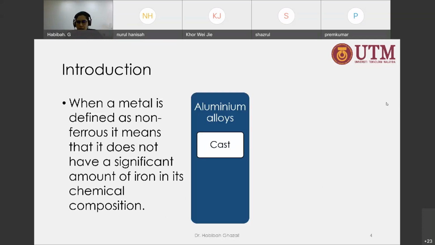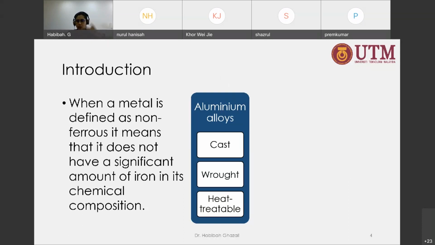Aluminum alloy itself can be classified into cast and wrought aluminum alloy, and in both the cast and the wrought aluminum alloy, they can be classified into the ones we can heat treat and the ones that we cannot heat treat.